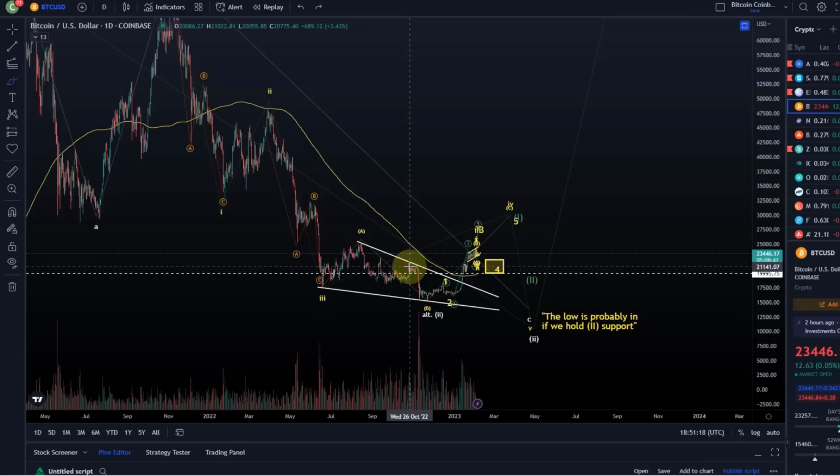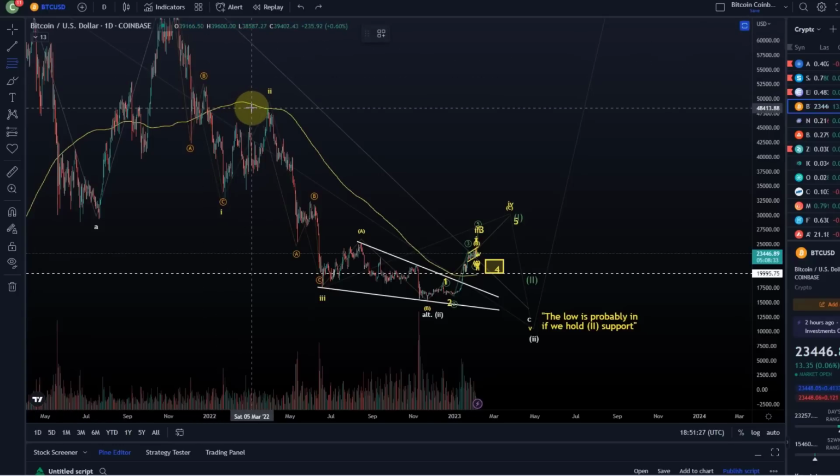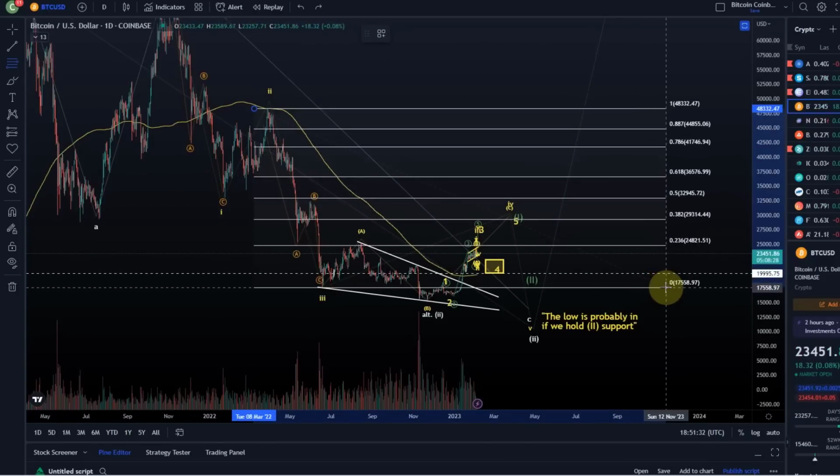I've mentioned that countless times, but it also very well has a good chance to make another low. Absolutely. Because if you take a look at the wave count that I've got on the chart here with a wave 2 at around 48.3k, if I draw that to the end and to the low here of the wave 3, the wave 4, I mean, we haven't even reached the 23.6 FIB retracement, which is the first target you get for a wave 4.